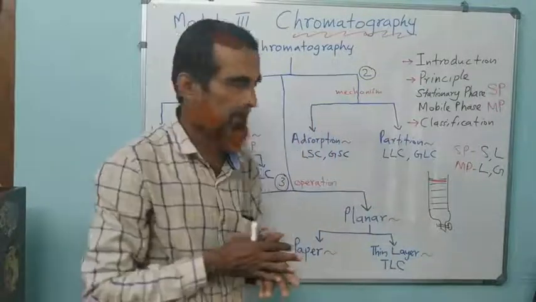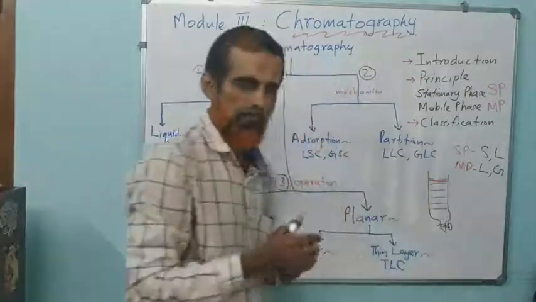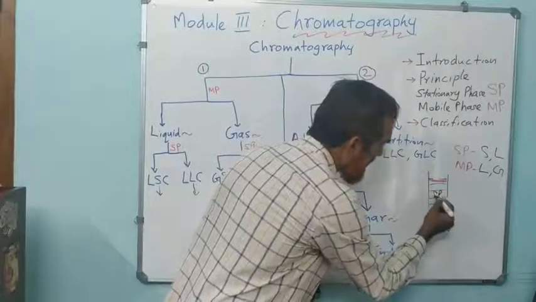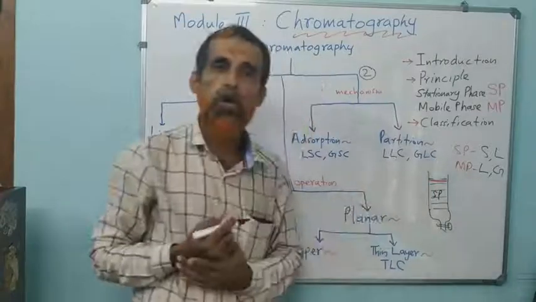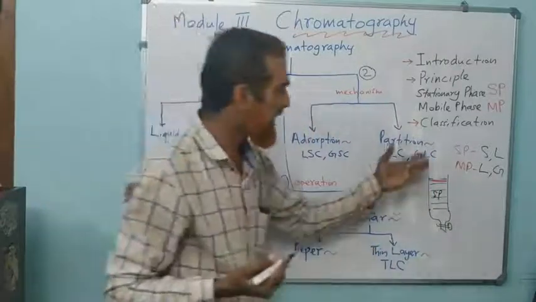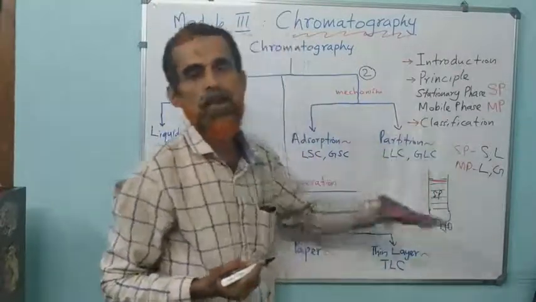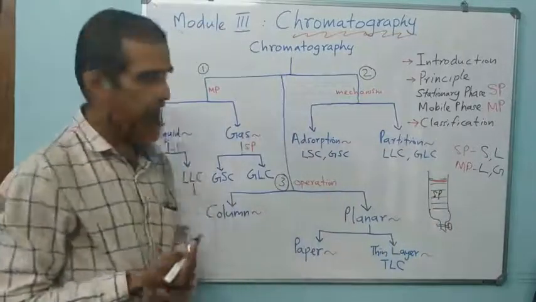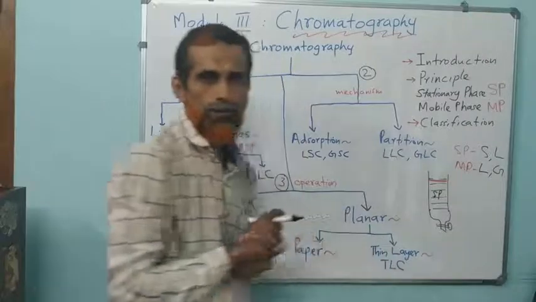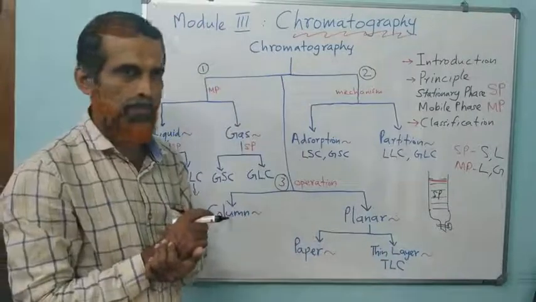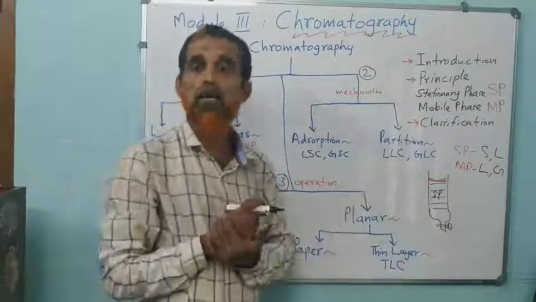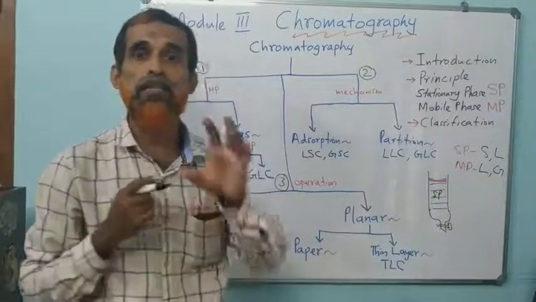We take the stationary phase in the form of a column, as a solid, or it can be liquid. Then we take an inert solid and we take the liquid in that. So it is taken in the form of a column, right? So it can be an adsorption column chromatography or a partition column chromatography based on whether the stationary phase is solid or liquid.